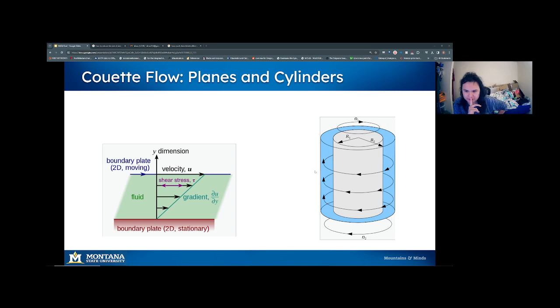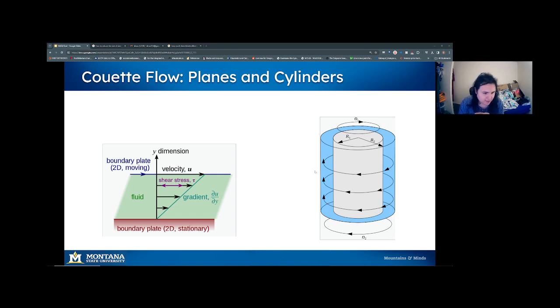And one of the other interesting things about cylinders is that they're cylindrically symmetric. They're finite in two directions. They're finite azimuthally and finite in the s-hat direction.